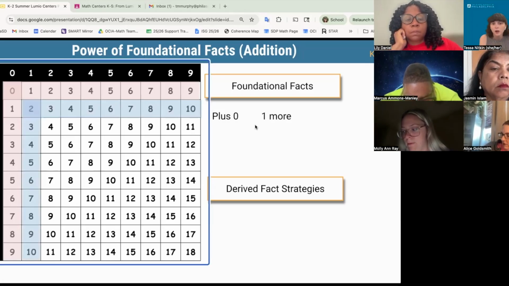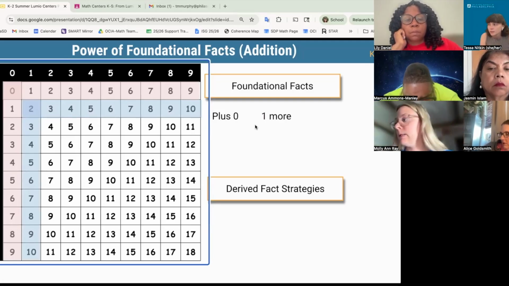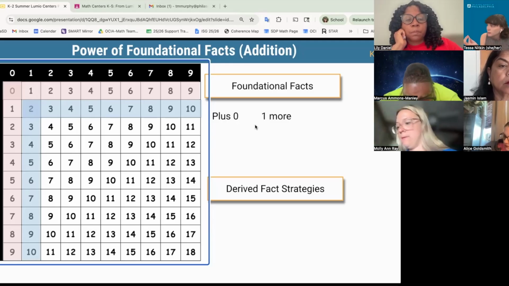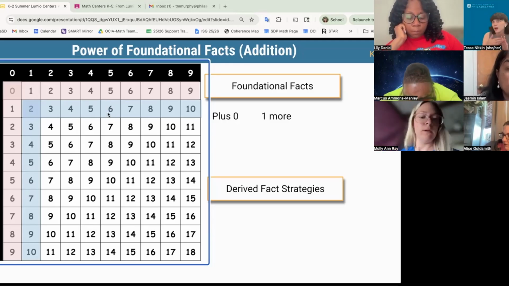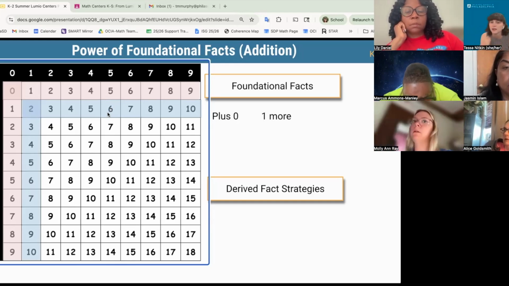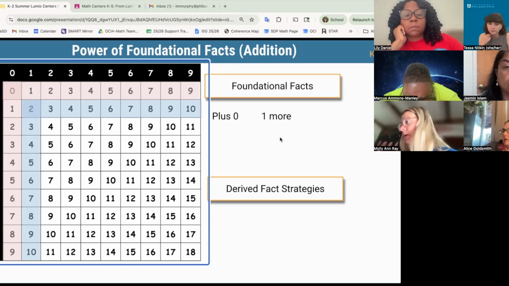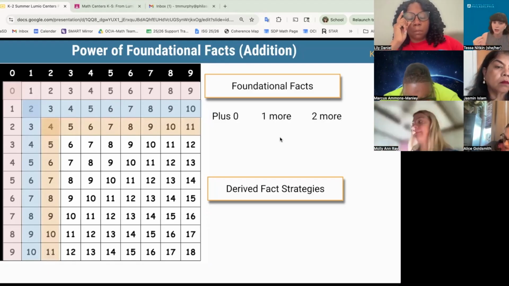The next group is our one more. Those are highlighted in blue. These ones are using counting on as a strategy. If I'm trying to figure out 5 plus 1, I know the number after 5 is 6. I count on to 6, and I know 5 plus 1 is 6. That's an earlier fact to learn. Next, we have our two mores. Same idea, we're counting on, but now by 2.